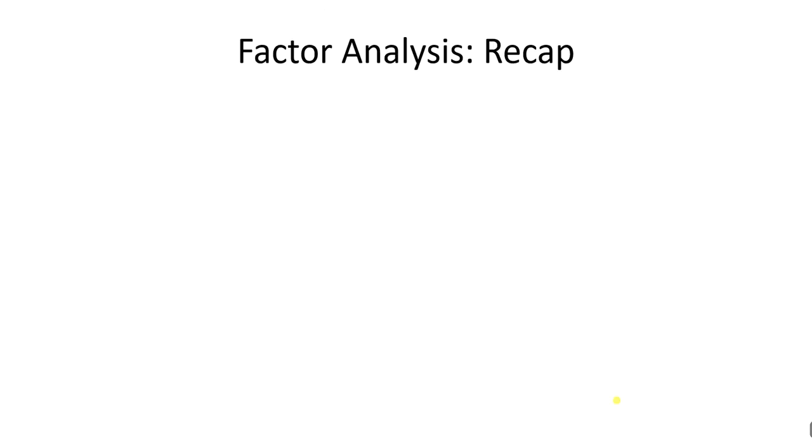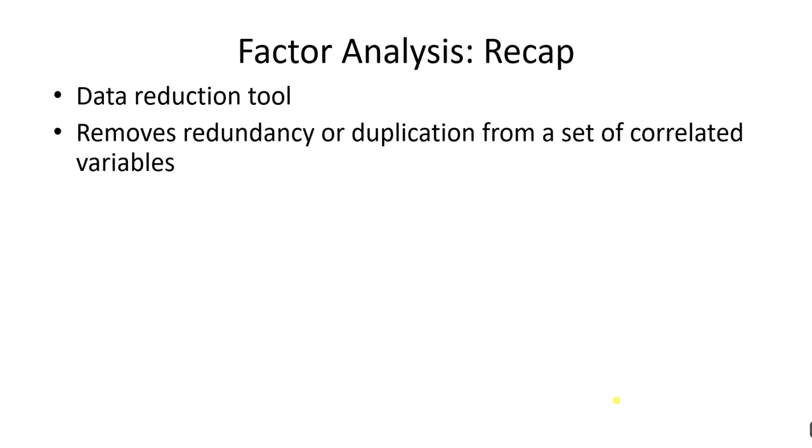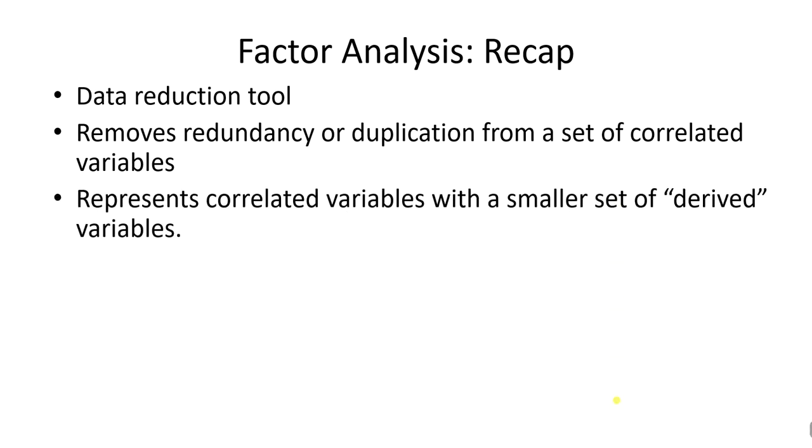So I would recap and end this lecture. Today, factor analysis is a data reduction tool, but remember that it is one of the data reduction tools among several like principal component and cluster analysis. Factor analysis removes the redundancy or duplication from a set of correlated variables. It represents the correlated variables with a smaller set of derived variables.